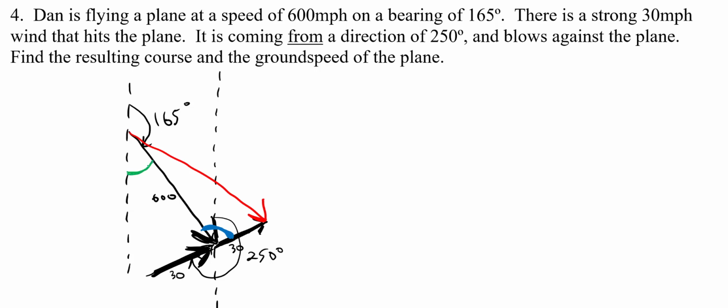Do you guys agree that if that's 165, that's 180 minus 165, or 15 degrees? So that's 15 degrees, and since these dotted lines are parallel, these are alternate interior angles. That's 15 degrees. So I have part of that blue angle that I'm looking for. I need to get the other part. I need to get this part now.